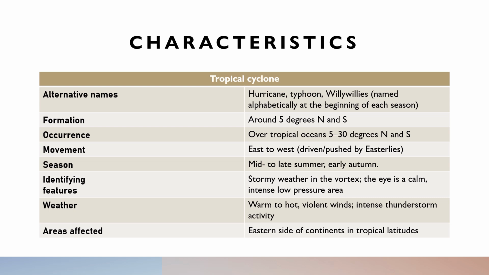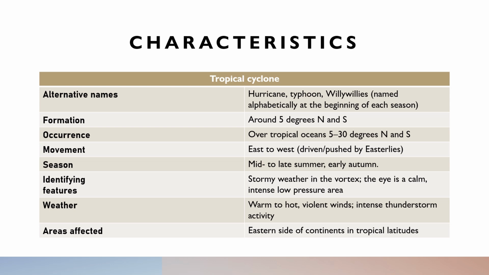Identifying features, this is how we can identify it. It has stormy weather in the vortex. The eye is calm, an intense low pressure area.